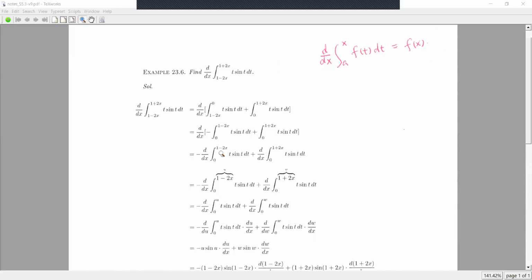For this upper limit, I denote it by u, a temporary variable. This upper limit, I denote it by w, also a temporary variable. Then I have this equation.